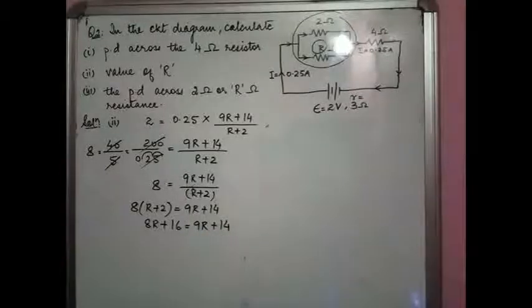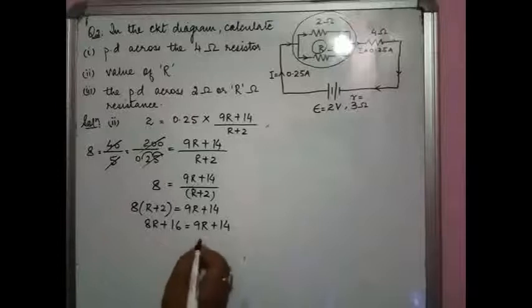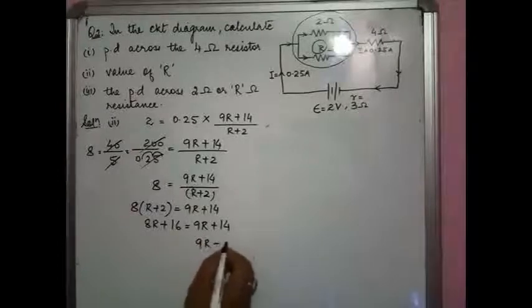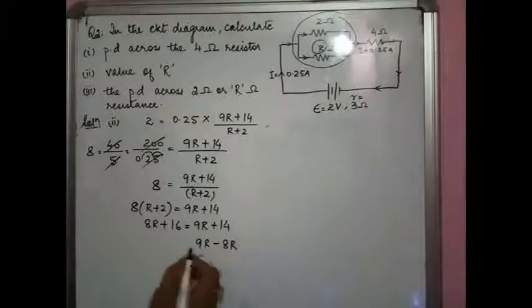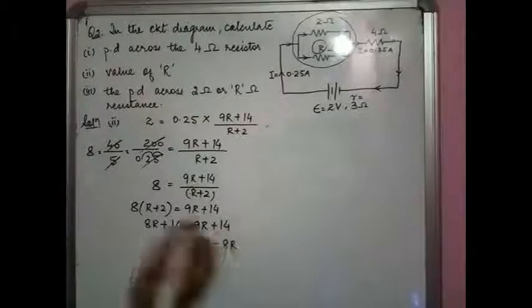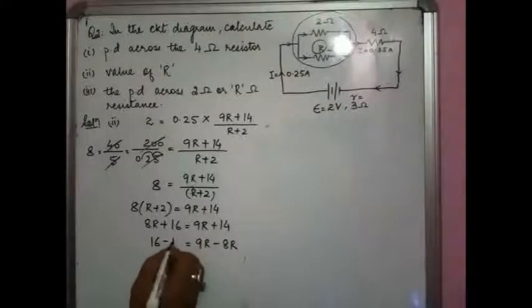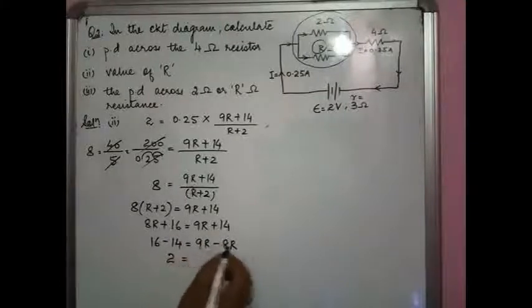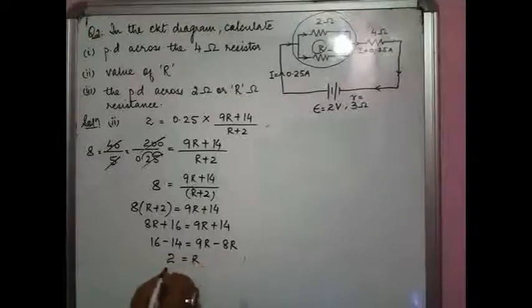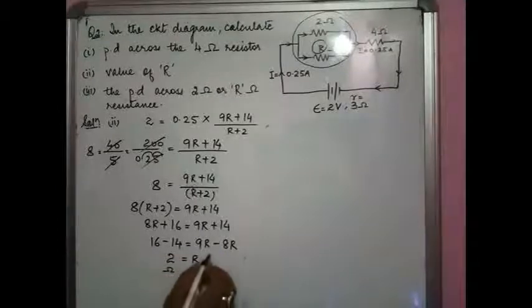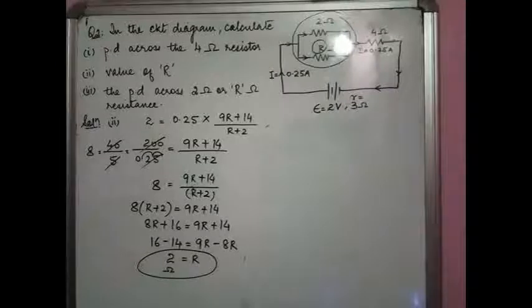Now we are nearing to finding the value of r. 8r goes to that side, so you have 9r already was there, 8r goes to the other side, gets subtracted. Similarly, this 14 will come to the left side, there was 16, 14 when it comes it gets subtracted, 16 minus 14 is 2 equal to 9r minus 8r is r. Okay, so you have r value as 2 ohms.